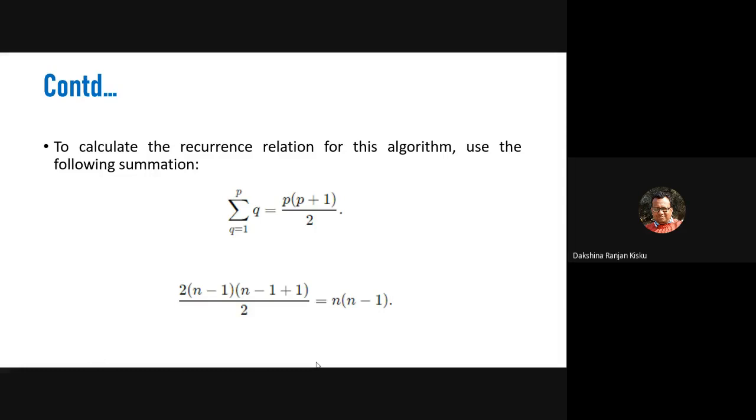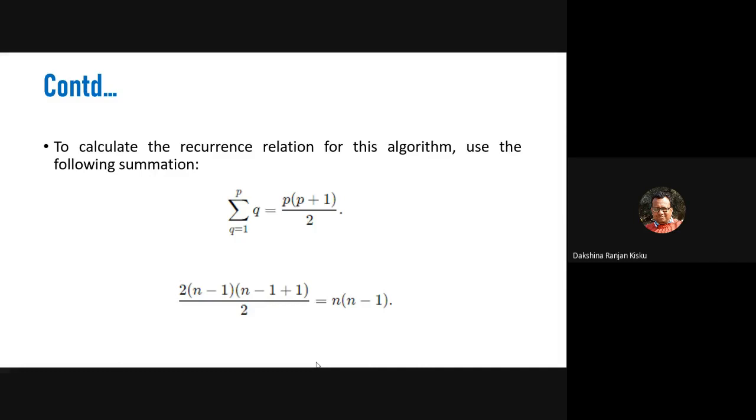So for the sum up to n minus 1, if we replace n minus 1 by n, we have n into n plus 1 divided by 2. Here we have n minus 1 in place of n, so n minus 1 into n minus 1 plus 1 divided by 2.